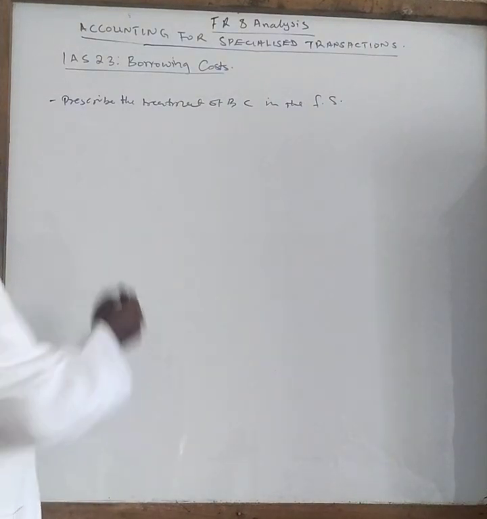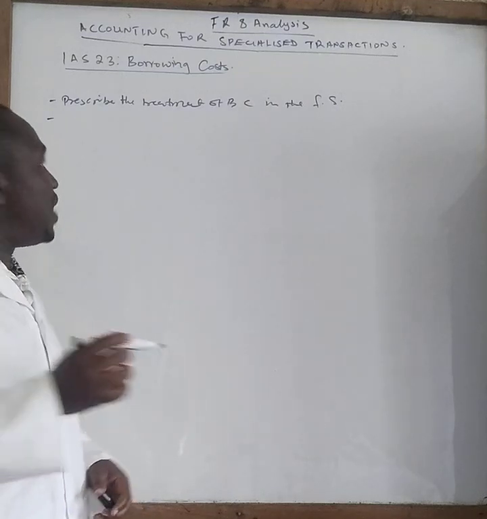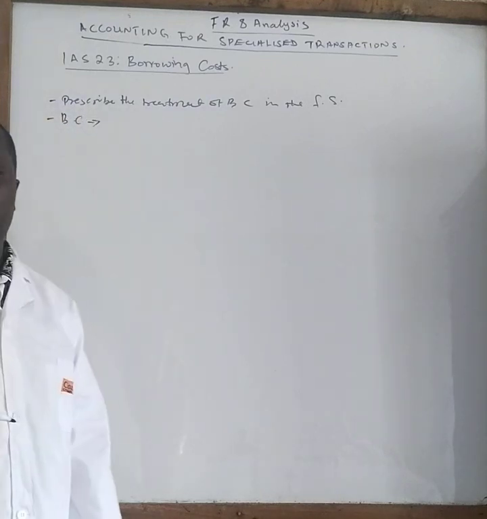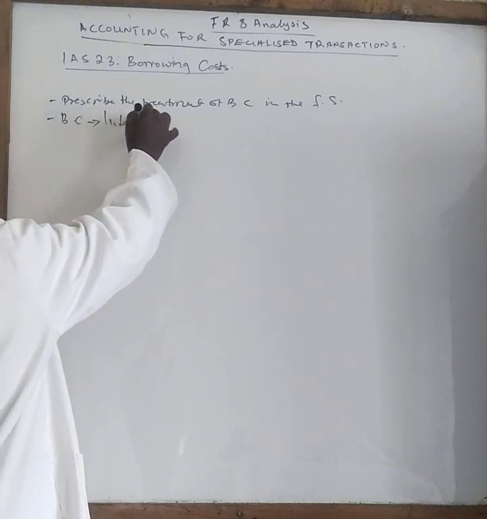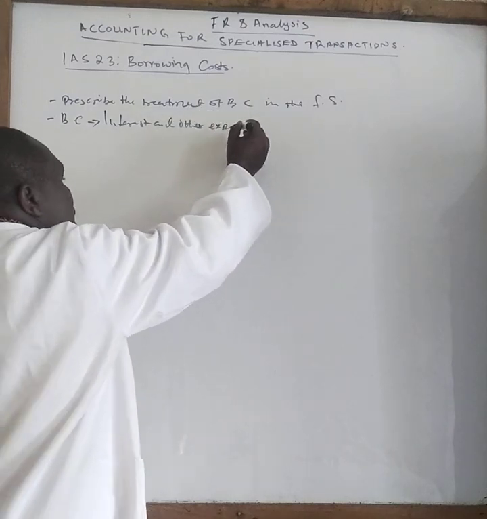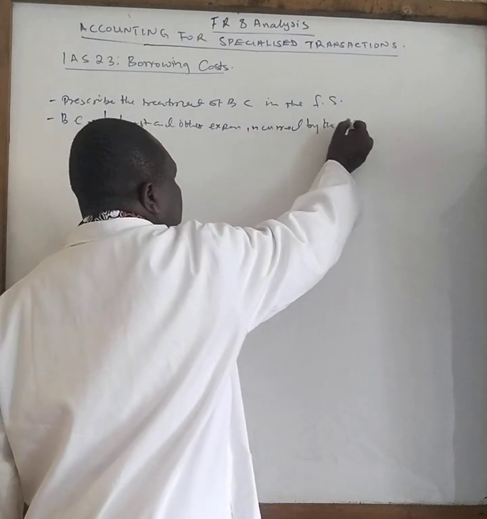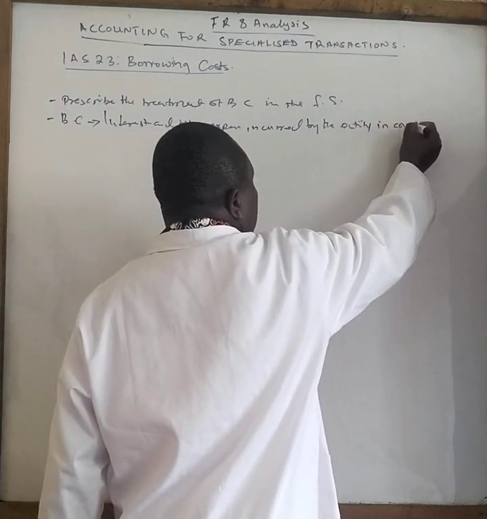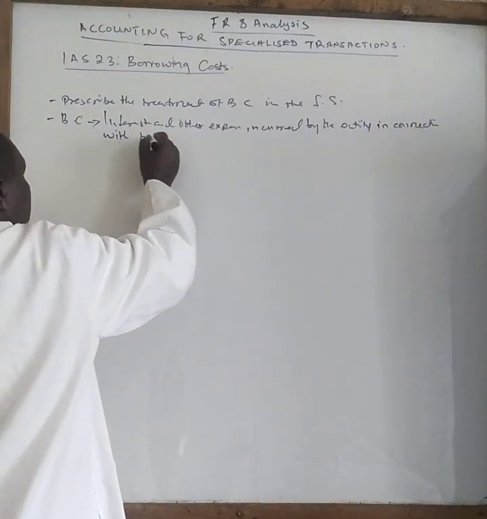Now, under this IAS 23, we have two main terms that we need to understand. The first term is borrowing cost. What is borrowing cost? According to IAS 23, borrowing cost is interest and other expenses incurred by the entity in connection with borrowing funds.